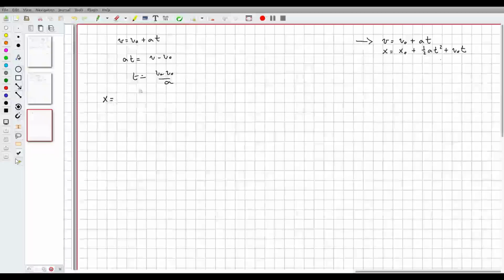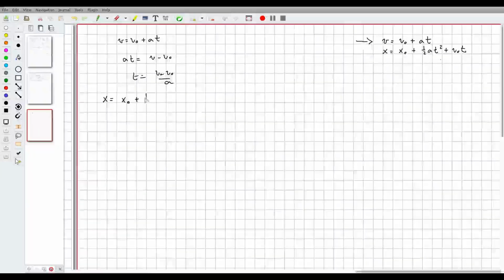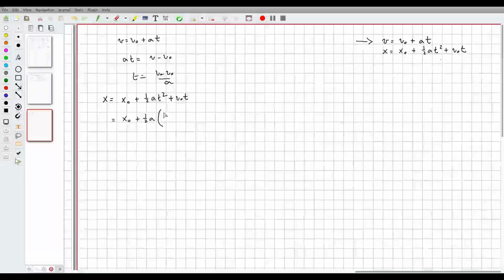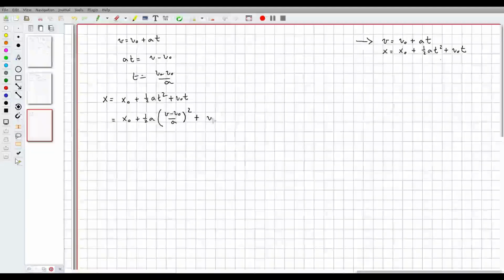So X is equal to X naught plus 1/2 AT squared plus V naught T, or 1/2 A times V minus V naught over A, squared, plus V naught times V minus V naught over A.